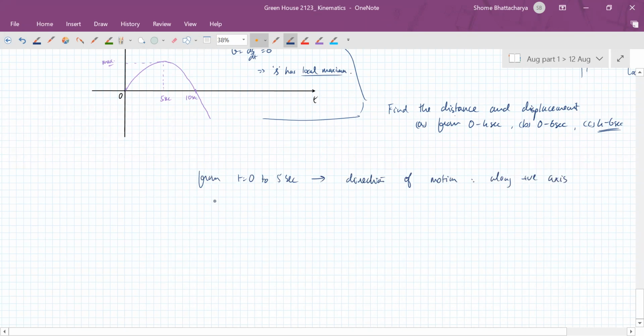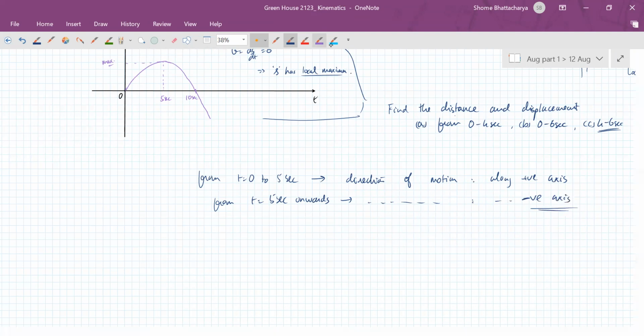Okay, and from t equal to 5 seconds onwards, the direction of motion is along the negative axis. Yes, very good, Vedant. That is correct.